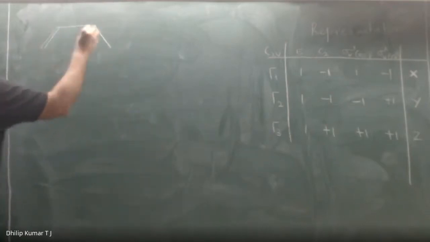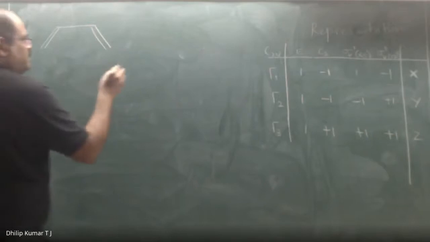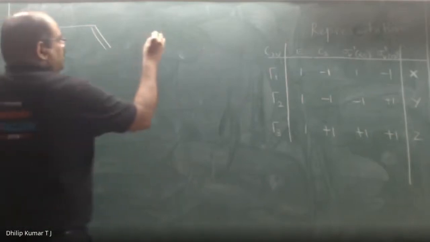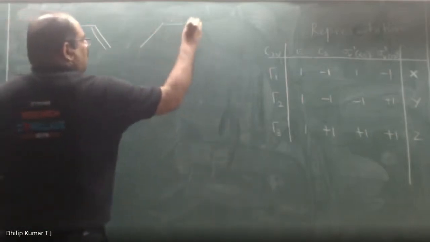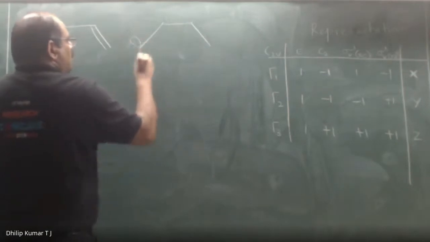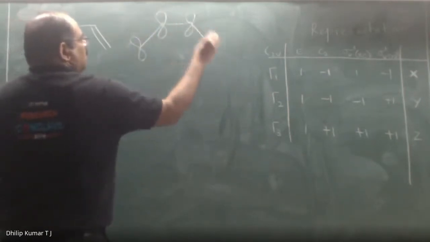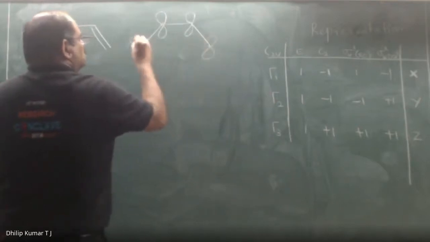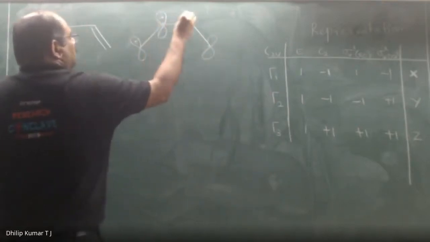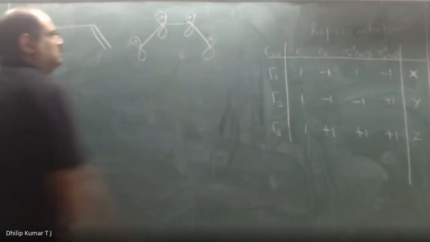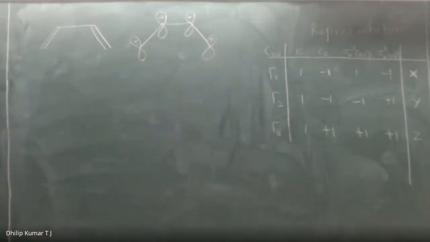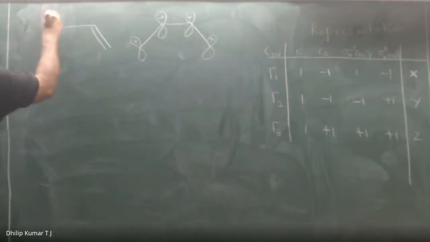You know cis butadiene looks like this, right? So we take the pi orbitals of cis butadiene. Basically it is C4H4.